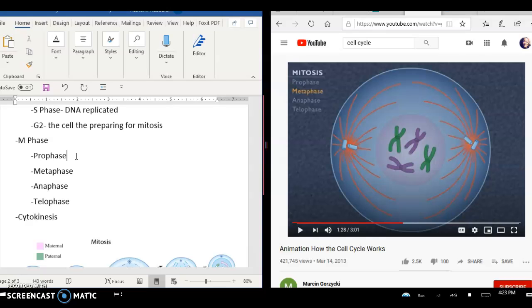Alright, so during this phase, DNA condenses. So remember, DNA in the nucleus started off as these wiggly chromosomes, kind of, or chromatids that condense down, and they form sister chromatids.